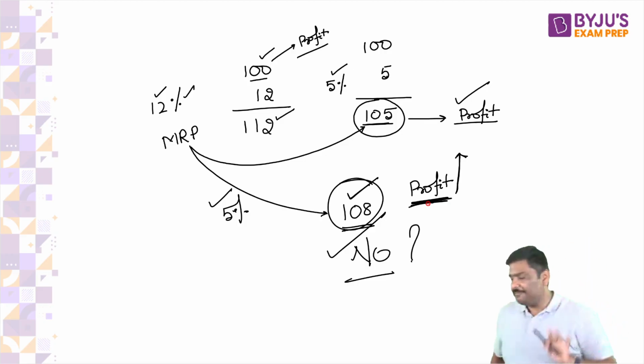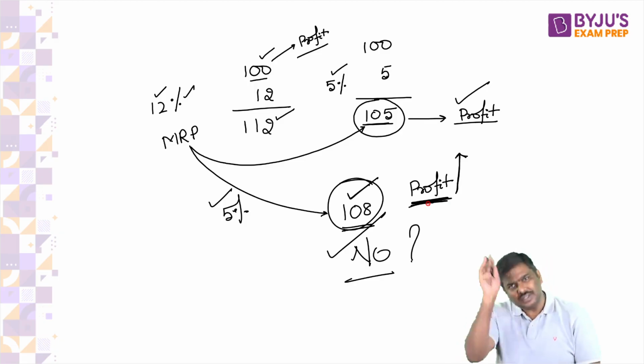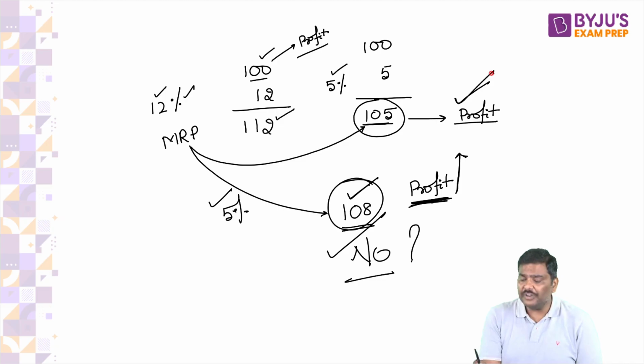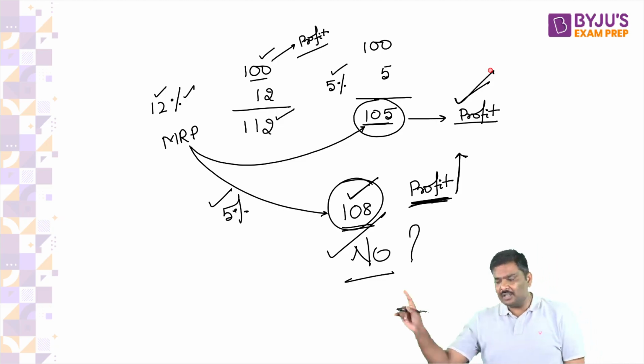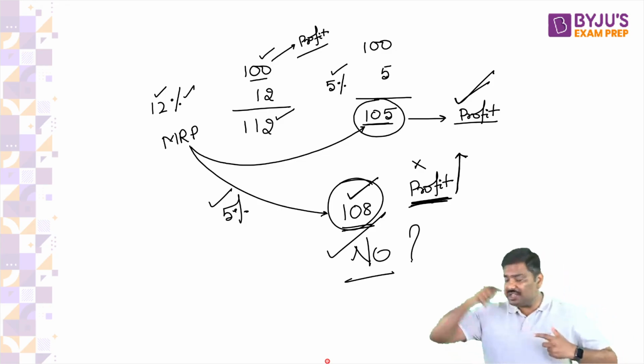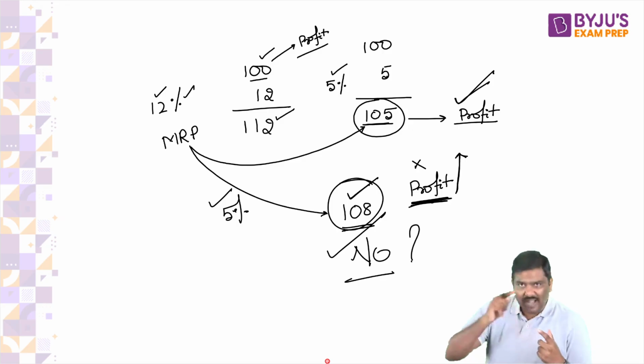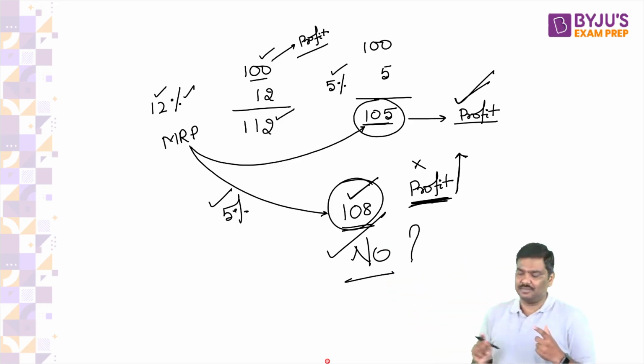This is profiteering. So government says earn profit. No problem. But do not profiteer in the business. Whenever the tax rate changes, transfer the complete benefit to the customers.